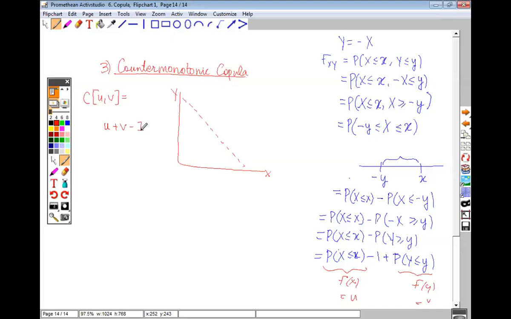So does this solve our problem? I guess the very first thing that we should always do, once we write any formula for Copula, is to check whether it satisfies all the properties of Copula, okay? So if I write this Copula C(u, v) in the counter monotonic case as u plus v minus 1, is this enough? Let us say my u has a value of 0.8 and my v has a value of 0.8.